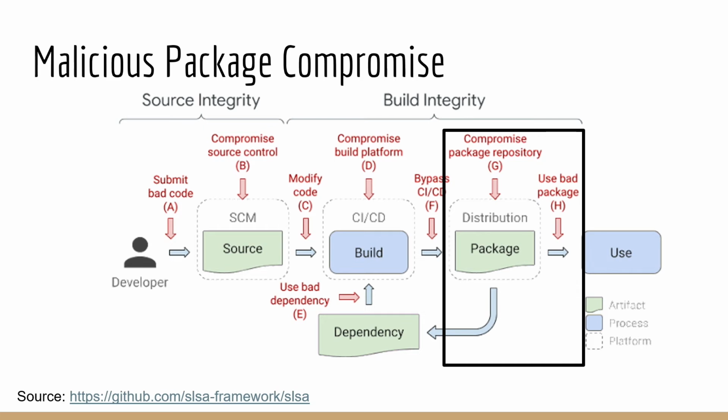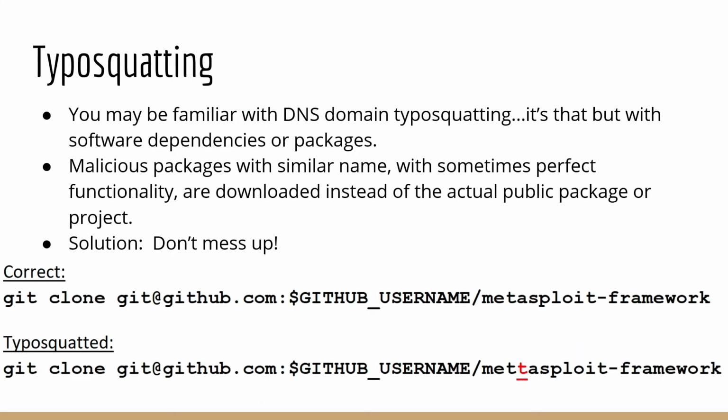Okay, on the other end of the software supply chain, I want to talk about packages and repositories and attacks on them. Again, these are the YUMs, the APTs, and the solutions that distribute your software. An attack that's becoming popular is called typosquatting. You've all gone to a website, typed the wrong address, and saw a page you wish you never saw.